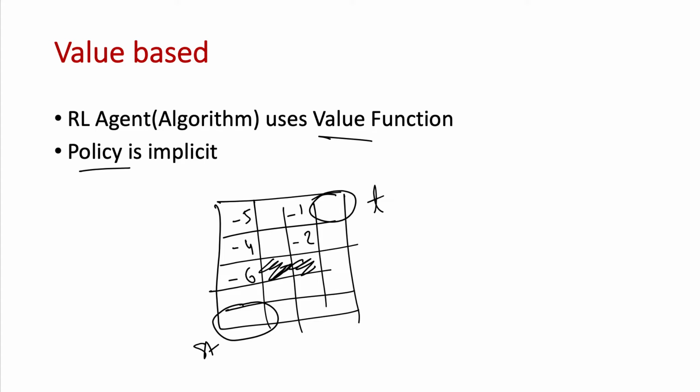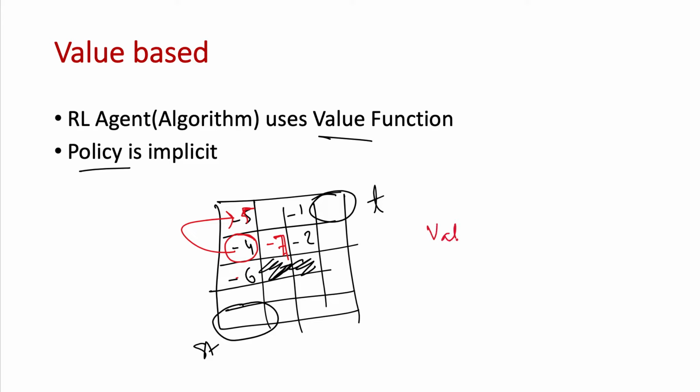So if the agent is in this state, then we don't need a policy. We can see that the value function in this state is -5, this side it's -6, and this side it's -7. So this is the best state it can go to.